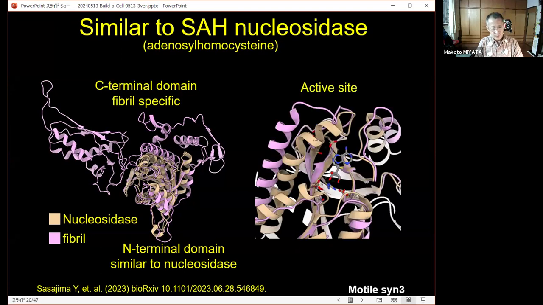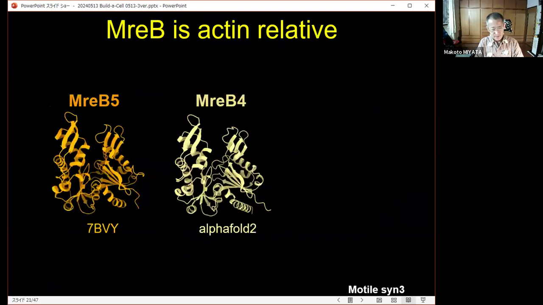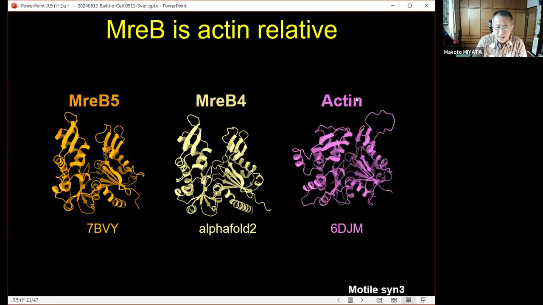We also focused on the other major protein, called MreB proteins. Spiroplasma has 5 different types of MreB proteins, and MreB proteins belong to the actin superfamily. Here are the 3D structures of the MreB proteins, and you can see the actin protein.